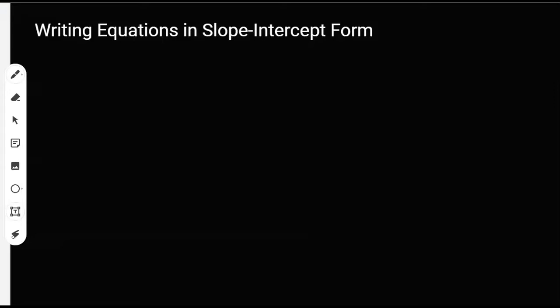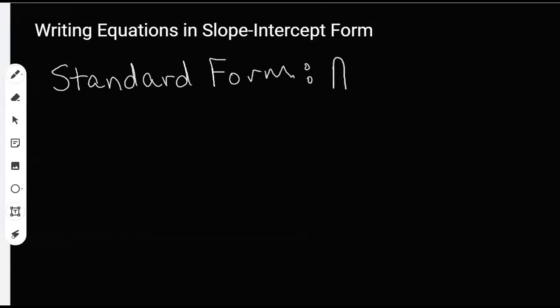The first way is called standard form. So I'll put that up here. Standard form is going to be Ax + By = C. If you took Algebra 1, you've probably seen this before.